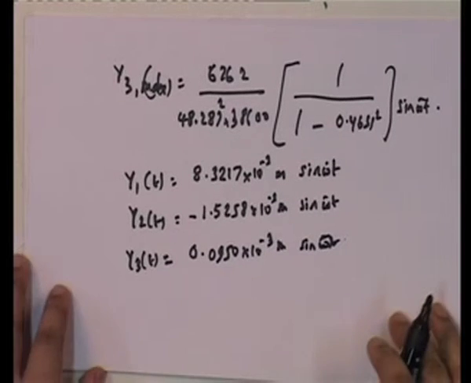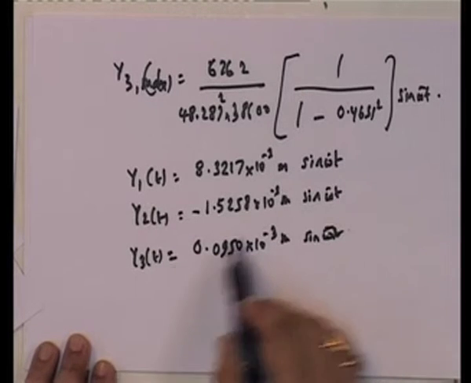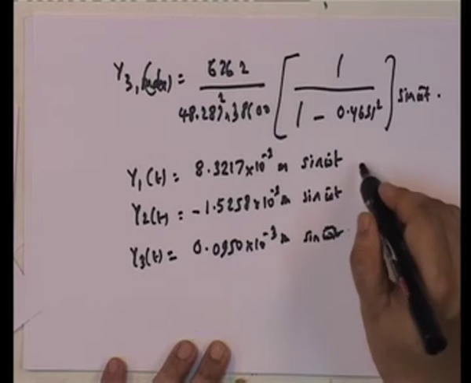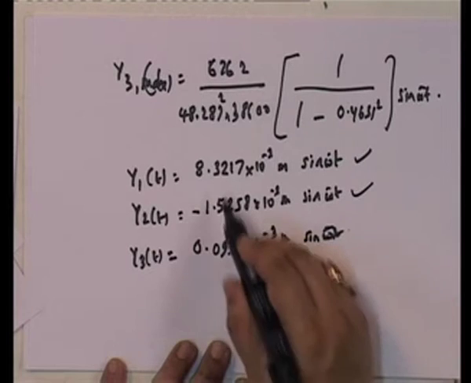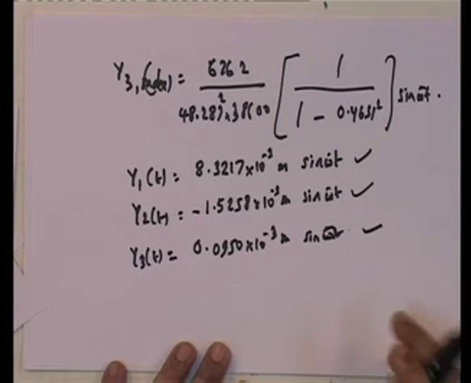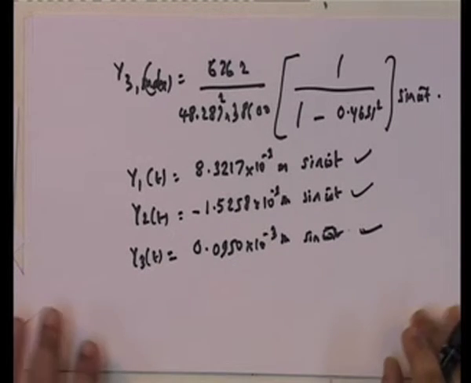Okay. Now if I put it together, this is y1, y2, y3. Do you notice something very interesting, that y1 is large, y2 is less, y3 is even smaller. So, remember I said that the first mode is sometimes good enough.